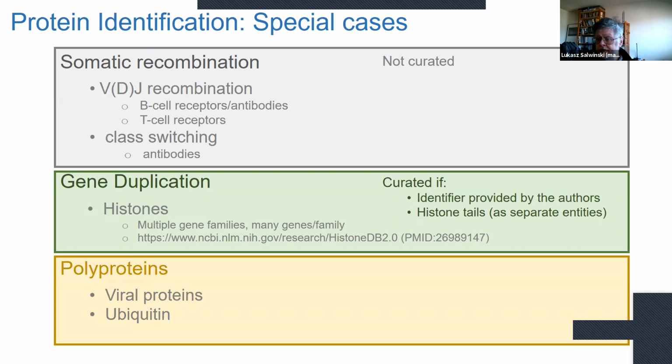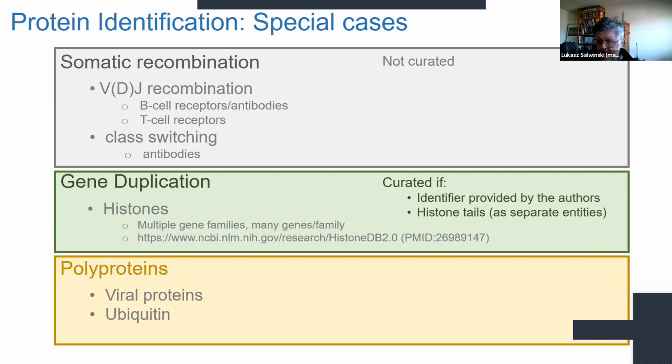This is where the diversity of antibodies is coming from, and those interactions are essentially not curated. So you shouldn't see the interactions for antibodies listed in the interaction records.